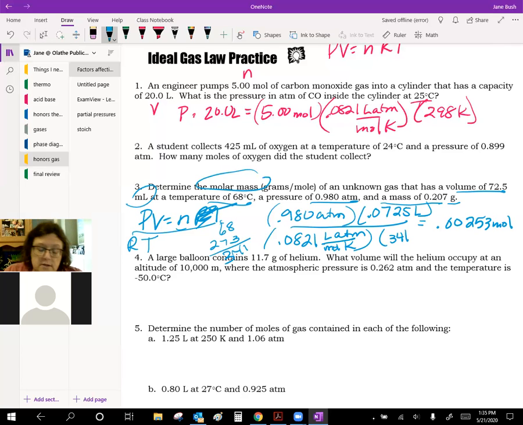What's my original question? It asked for molar mass. We have grams. So to get molar mass, I'm going to put 0.0207 divided by 0.00253.